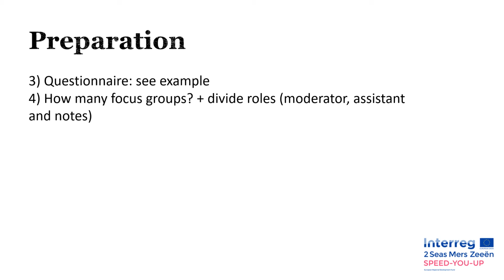You will also need someone who takes notes. It's advisable, if that's okay for all the participants, to record the meeting, but if that's not an option, it's always wise to have someone there who is taking notes.